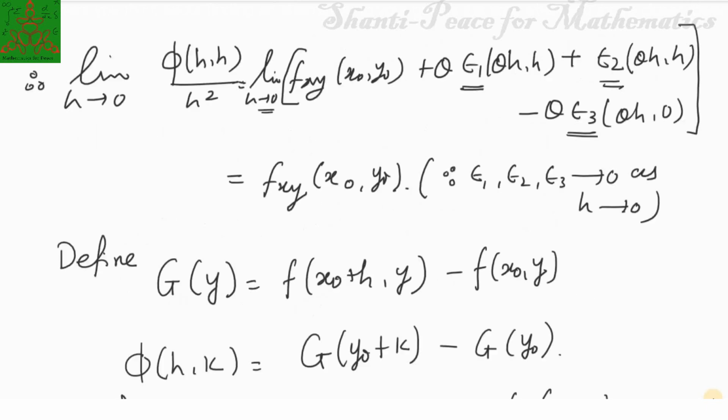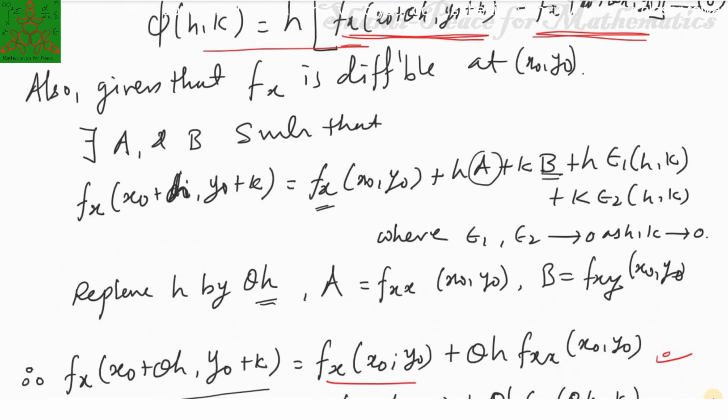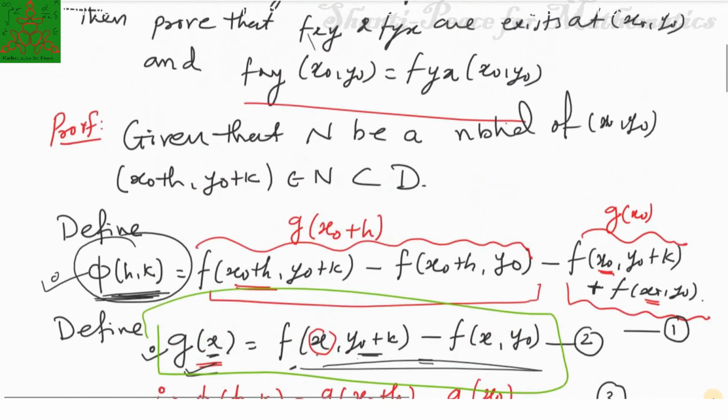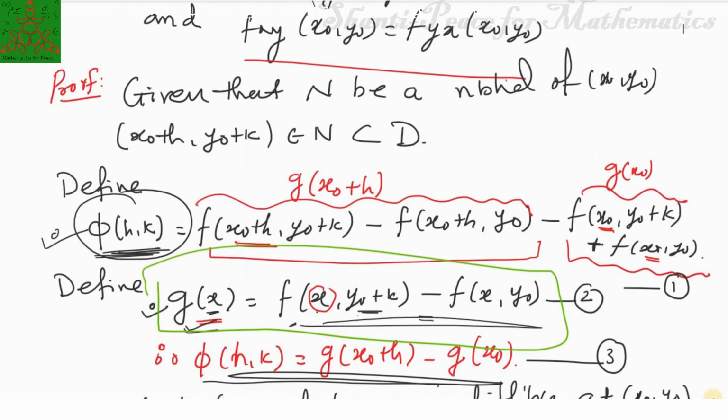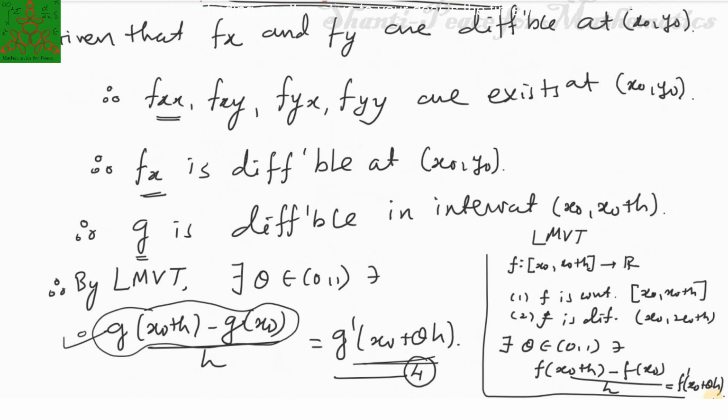Now as we have discussed this procedure, by defining this g, we expressed this phi in terms of g, and then we gave the argument that fx and fy are differentiable, so g is differentiable.